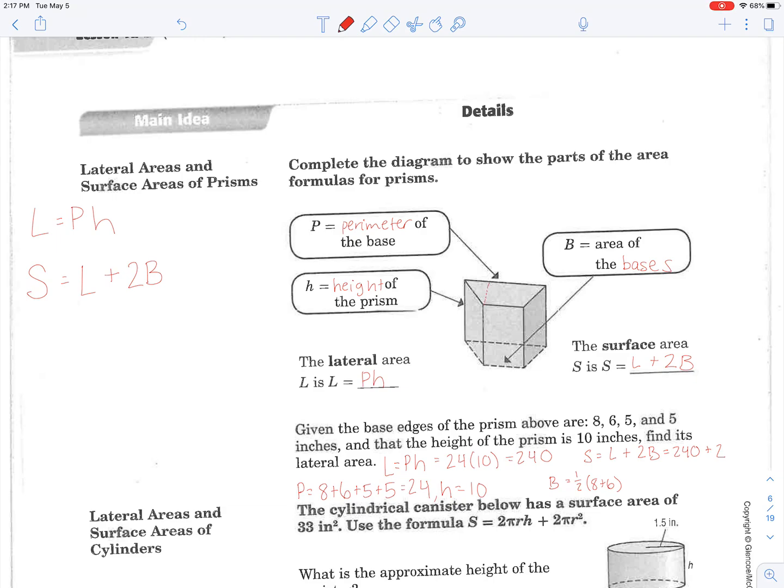Well, they don't give me the height. Let's just say the height of the base, we'll put it on here on the picture, is 4. 8 plus 6 gives me 14. Half of 14 is 7. 7 times 4 is 28.